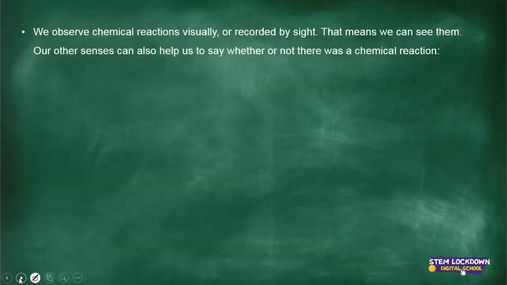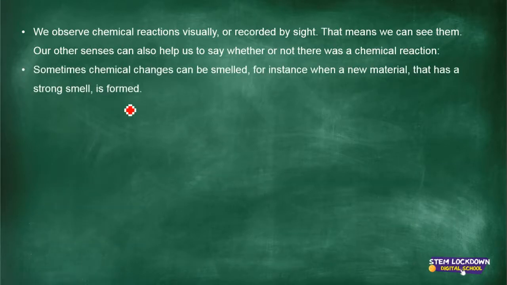Okay, so we're going to start with chemical reactions. We observe chemical reactions visually, or recorded by sight. That means that we can see the chemical reaction happen. And we use other senses that also help us to check whether a chemical reaction occurs or not.